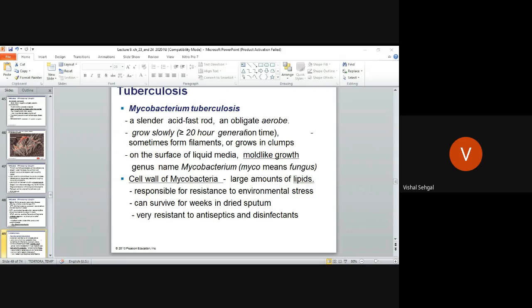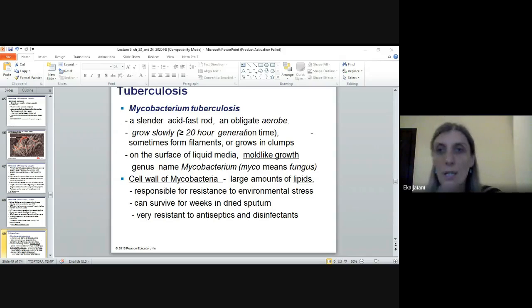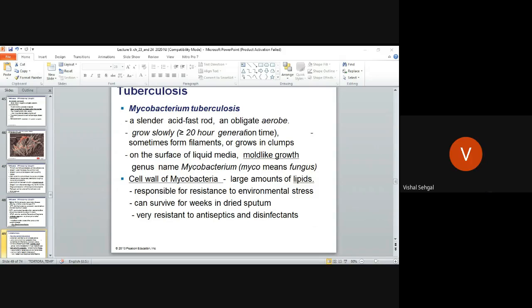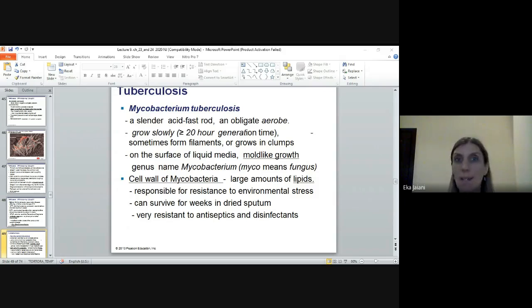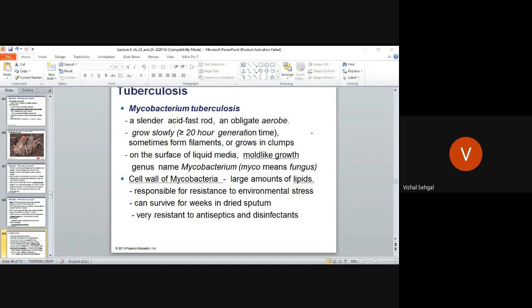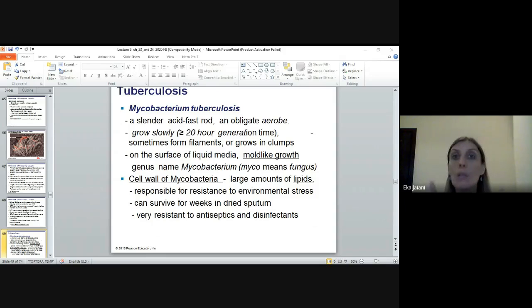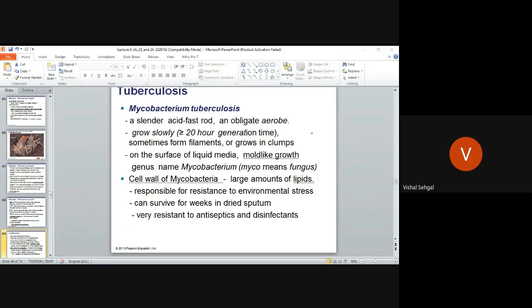So 6 to 9, yes, but not including the parts that we didn't cover now, like tuberculosis or some other slides that we couldn't go through. Let's not include respiratory tract infections.